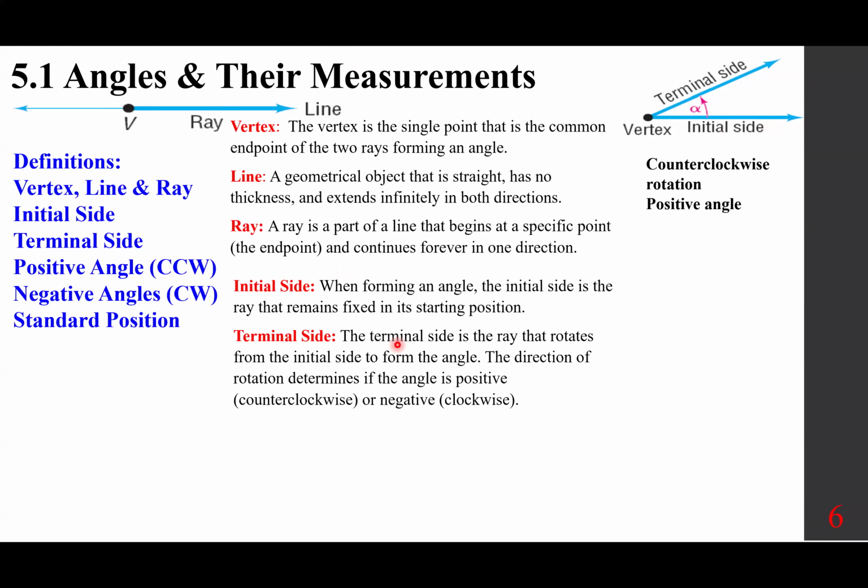Terminal side. The terminal side is the ray that rotates from the initial side to form an angle. The direction of rotation determines if the angle is positive, counterclockwise, this way, or negative, clockwise.